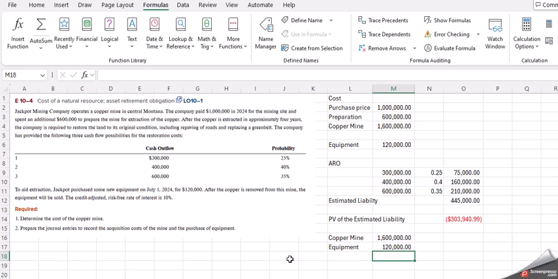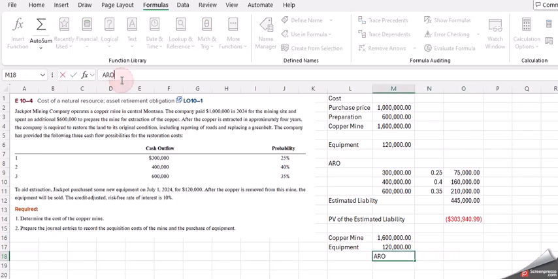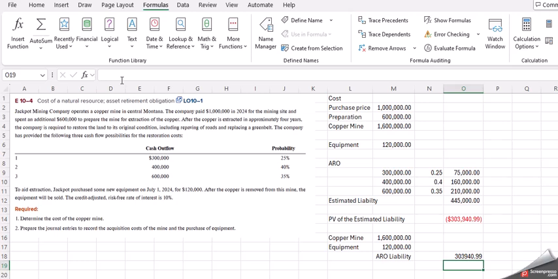Now the ARO, we don't pay cash for it. So obviously we're going to have an ARO liability. I'm trying to think of what the debit is though. The liability would be that, but why my mind's a blank on that debit.